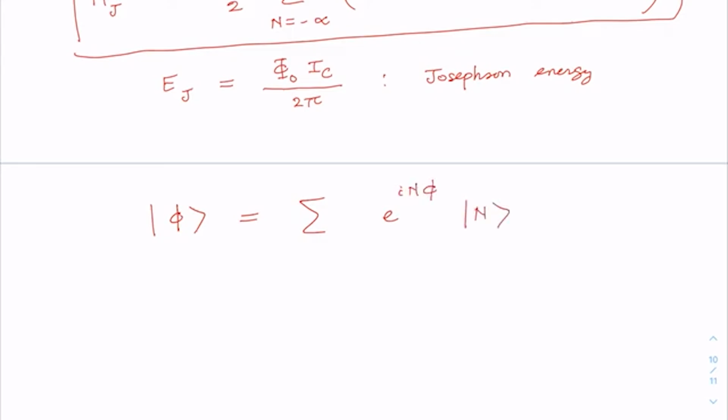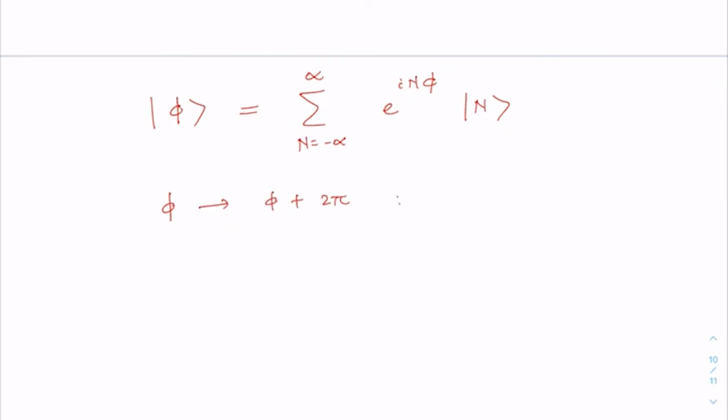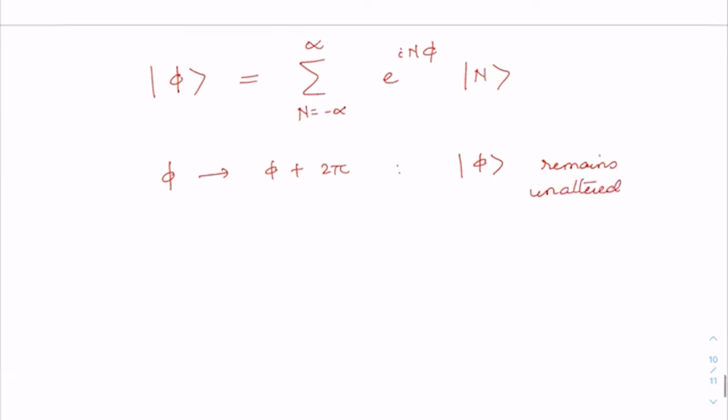We define a basis like this, with n going from minus infinity to plus infinity, and you can see that if phi goes to phi plus 2 pi, this state phi remains unchanged, or unaltered. It does not change. It's very easy to see.